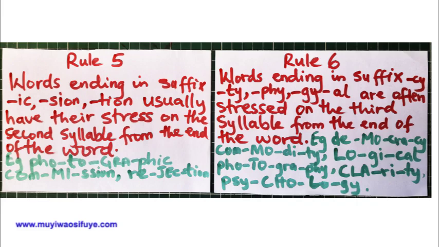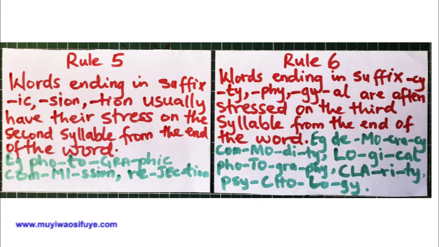And then we have the next one, which is rule 6. For rule 6, words ending in suffix cy, ty, phy, gy, al are often stressed on the third syllable from the end of the word.